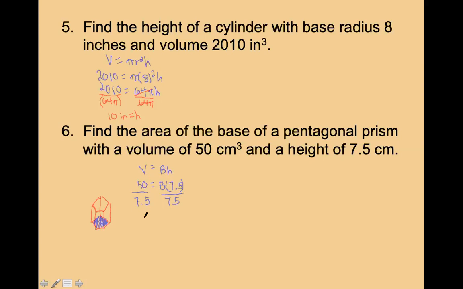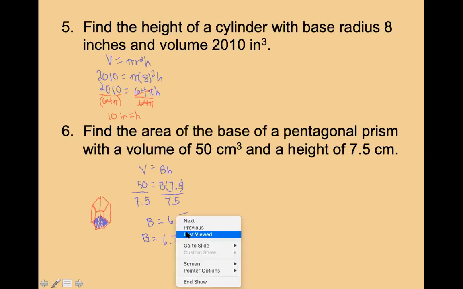And I get that my base is equal to, when I divided, about 6.6 repeating. Okay. And since we're working with decimals, I'm going to go ahead and write that the base area is equal to about 6.7.